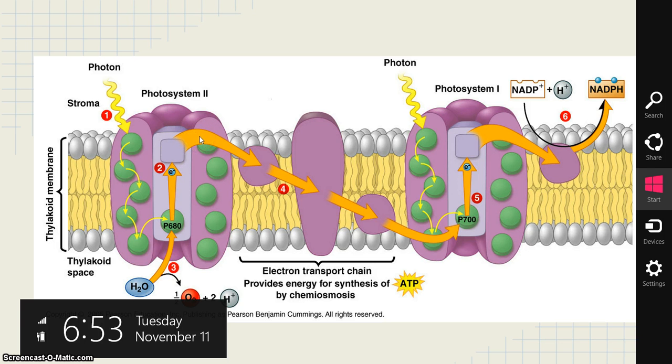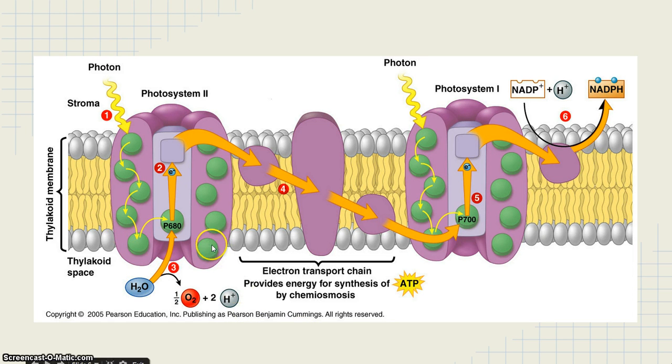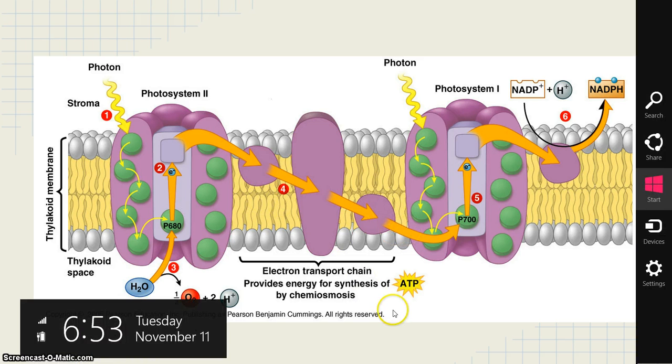Now we have made some hydrogens down here with the splitting of our water, and we're going to fall down. This part that we're falling down is an electron transport chain. When we fall down this electron transport chain, we are going to be making ATP.